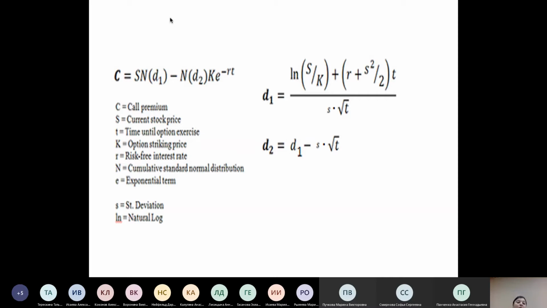As for the classical model, let's start with the classical Black-Scholes model, and then we'll transform this model for our conditions. Our call premium equals our current stock price, or the spot price of a share, multiplied by the coefficient, which you can find in a special financial table. It's the value of the cumulative probability of the normal distribution of the parameter d1.